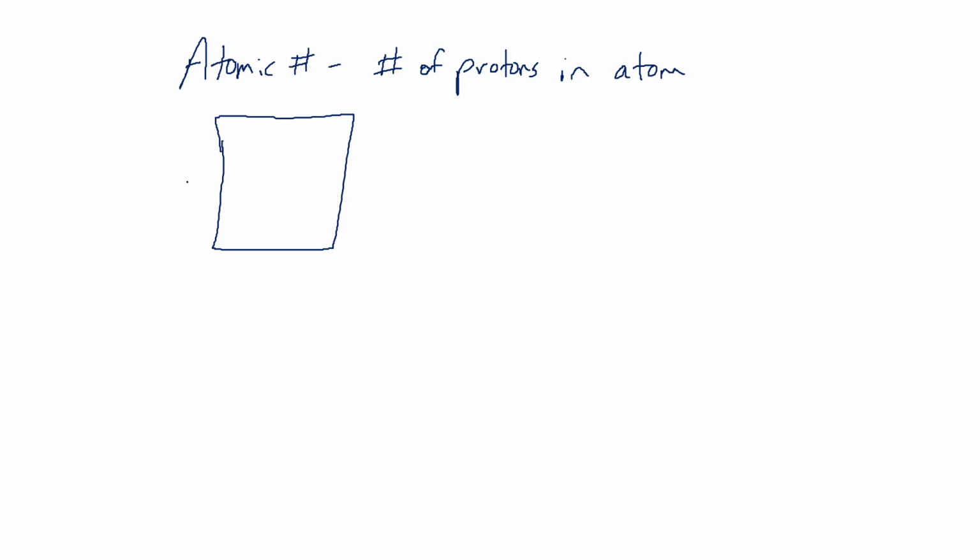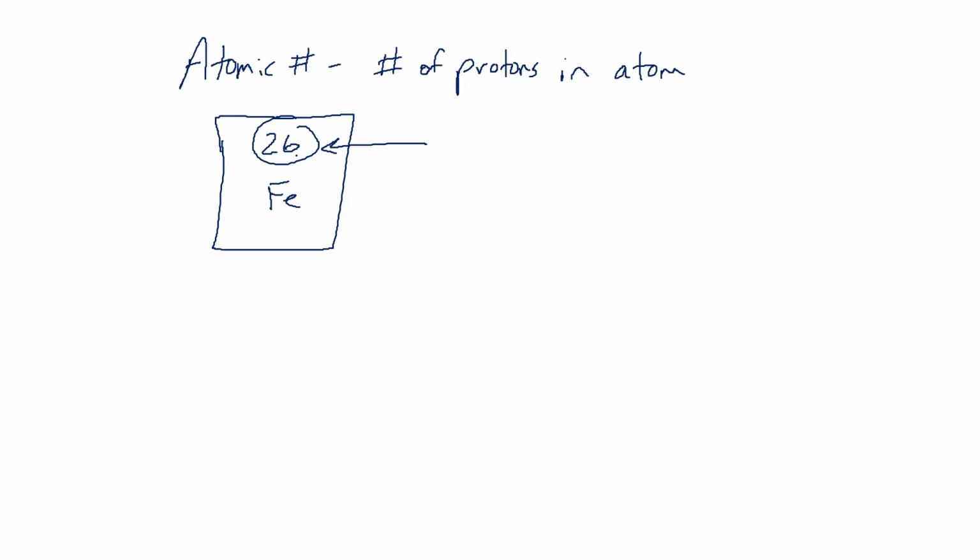Our atomic number is the number of protons in an atom. That is the definition of atomic number. It will tell you the number of protons there are in an atom. You can actually find the atomic number on the periodic table. So here, if I drew my box from a periodic table, we've got iron, which is Fe, with a 26 up on top.